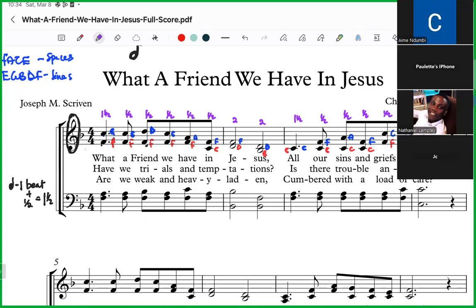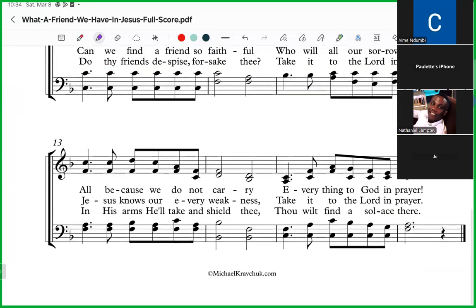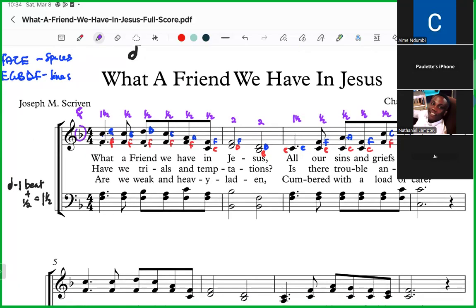When you see one flat, this signature means a flat, that you are going to flat every B note. And if you see one flat, that means the key is F. With the key of F, my do starts on an F note. My do will start on an F.